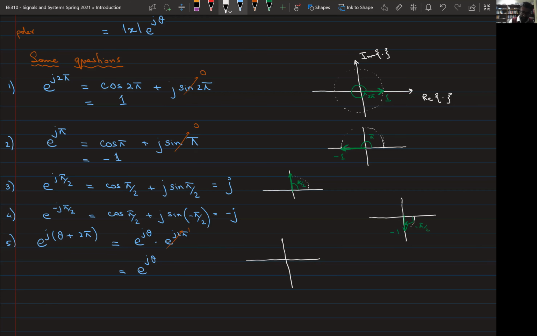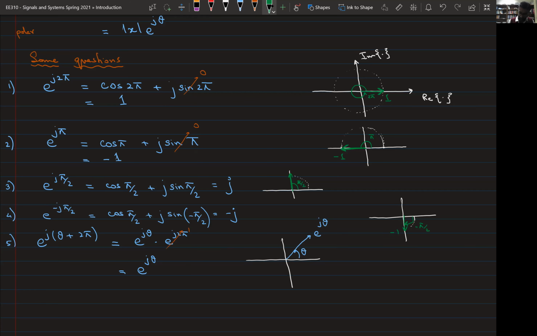And if you look at this graphically or visually, that's another way to understand this. Let's say there was some angle theta which resided here. So there was this e raised to j theta. E raised to j theta plus 2 pi is another vector which has an angle equal to theta plus 2 pi.